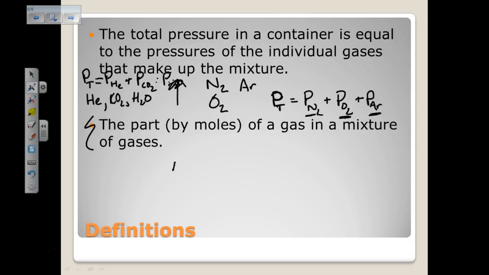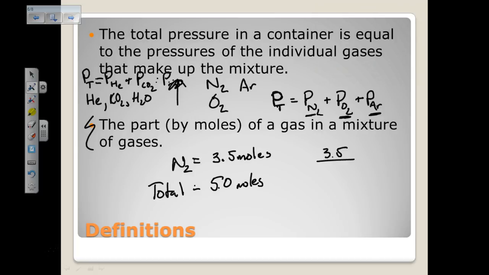So let's say there is 3.5 moles of nitrogen in a sample, but the total sample is equal to 5 moles. Well, the mole fraction is just 3.5 over 5.